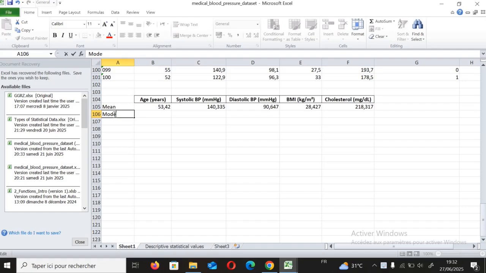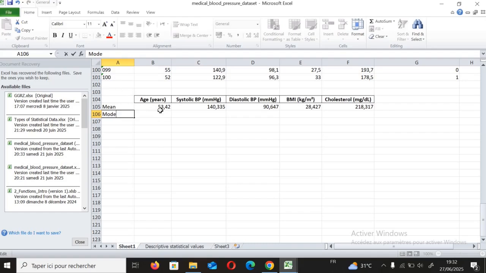The average is a measure of central tendency, whose formula is adding all values divided by the number of values. The mode is the most frequent value in the data set.